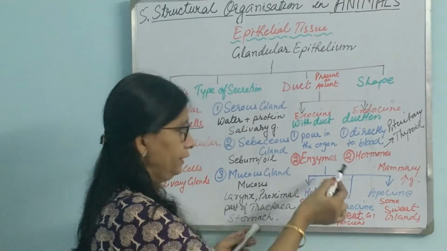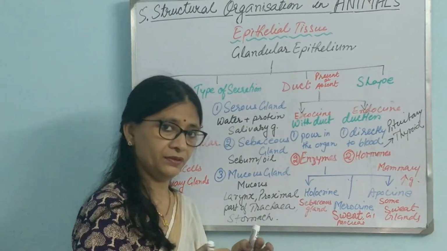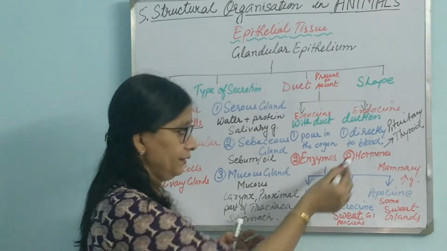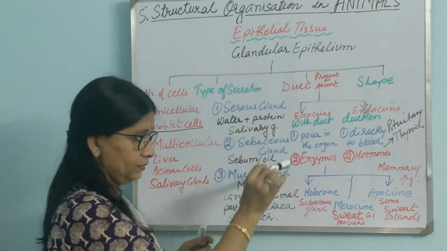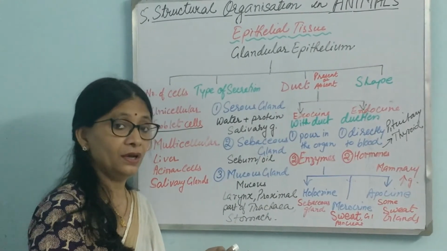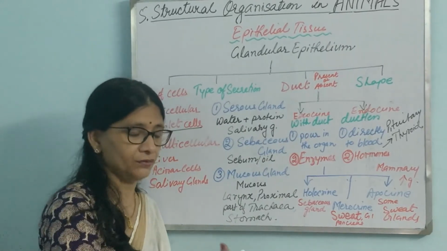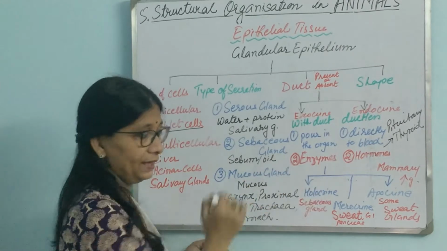They don't have duct. They secrete directly into the blood and they secrete hormones. Exocrine gland, they have duct. They pour their secretion into some organ along with the duct, and they secrete mostly enzyme.